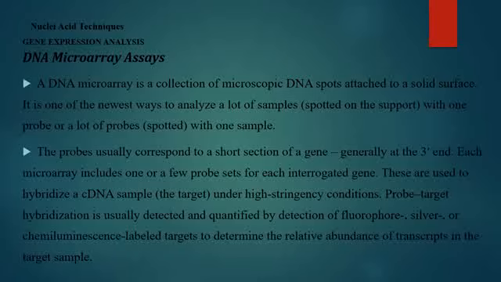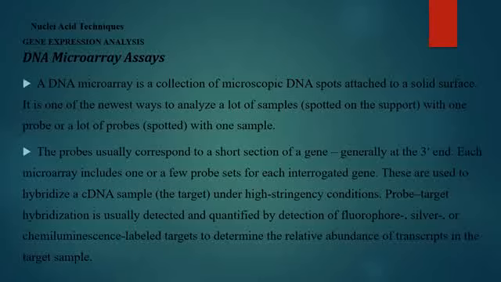A DNA microarray is a collection of microscopic DNA spots attached to a solid surface. It's one of the newest ways to analyze a lot of samples with one probe or a lot of probes spotted with one sample.